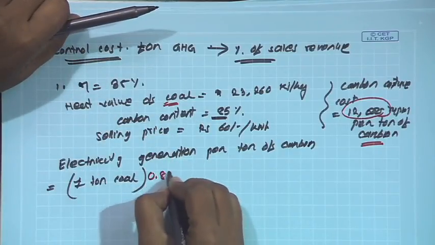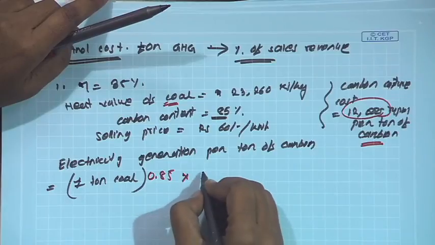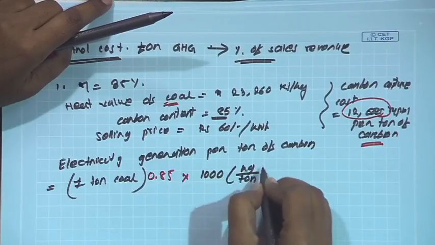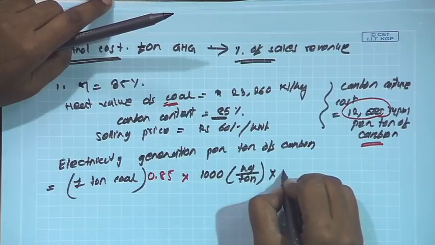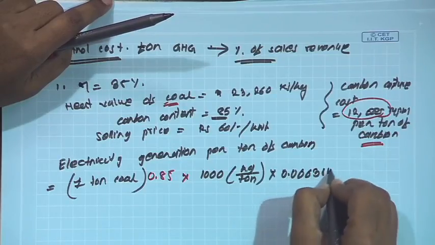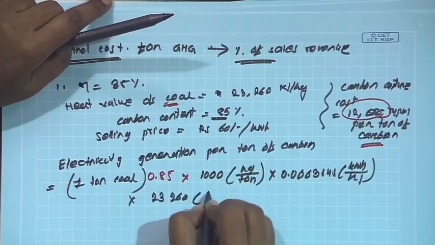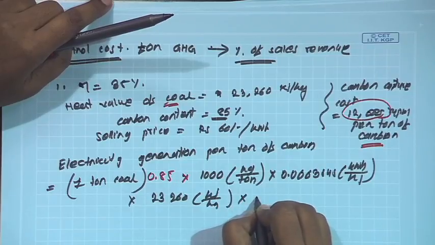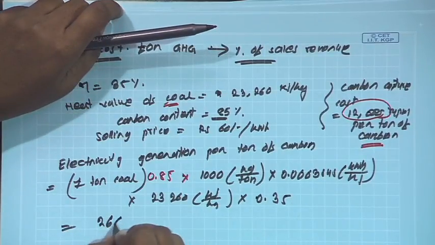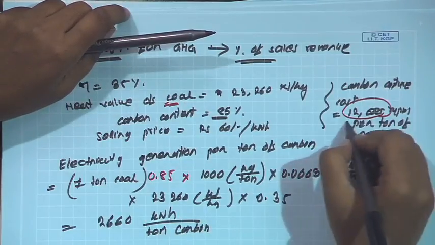So, we have to multiply by 0.85, then multiplied by 1000 kg per ton, since I am converting ton into kg, multiplied by the heating value of the coal, that is 0.00003845 kilowatt hour per kilojoule, multiplied by 23,260 kilojoule per kg, with 35% efficiency, that is 2,660 kilowatt hour per ton carbon, and the control cost is 12,000.